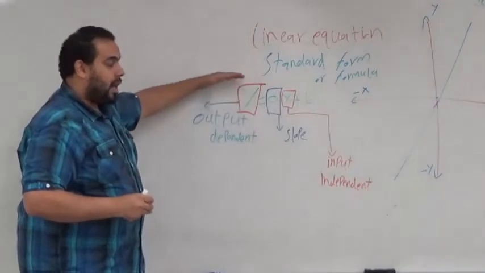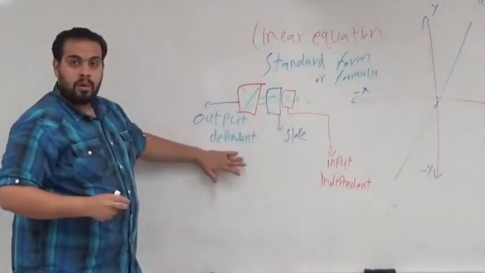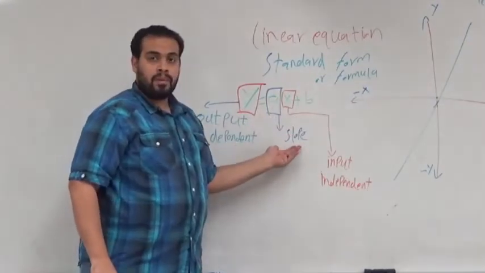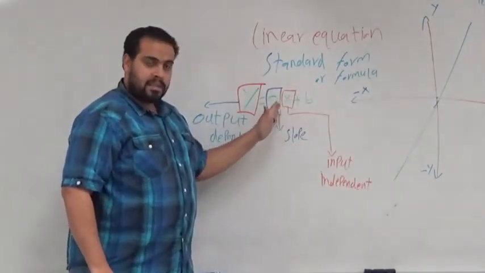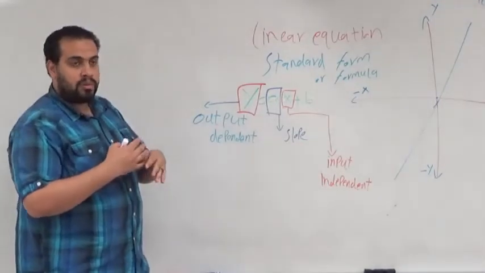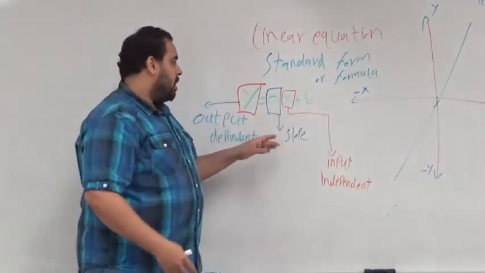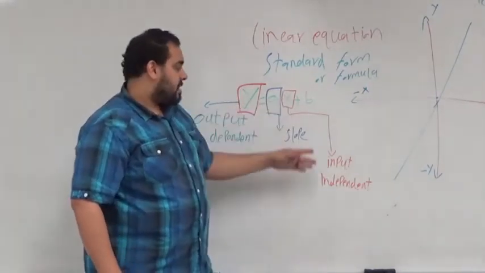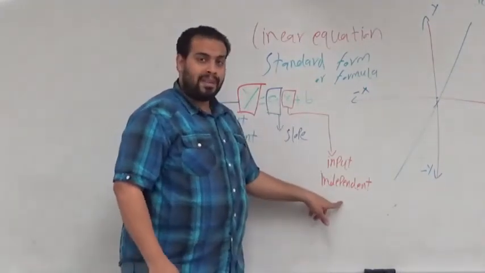So again, y is the output or dependent, a is the slope. The number with x could be represented in another equation or formula with m or any other letter, but I know the number attached to x is called the slope, then x is the input or the independent.